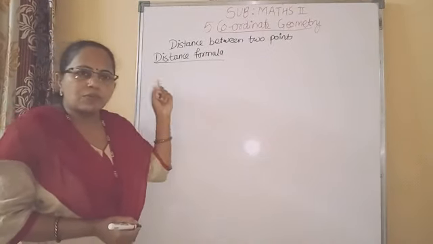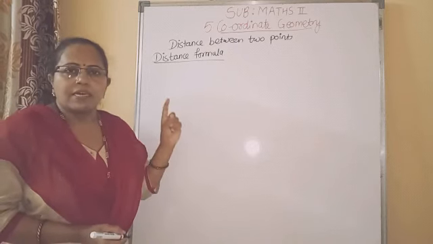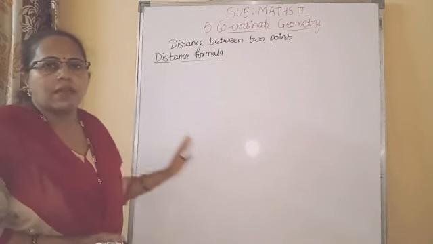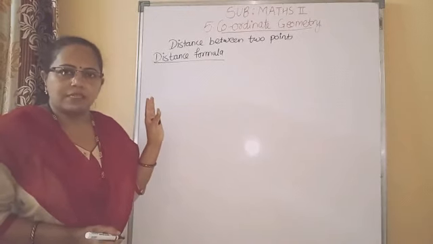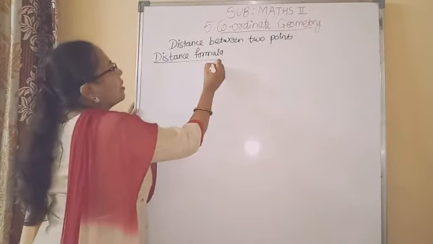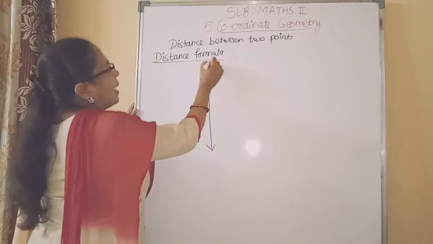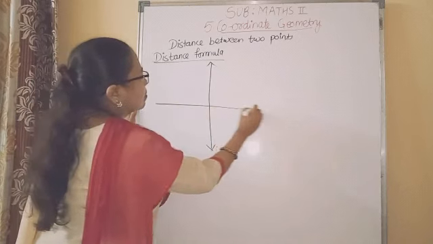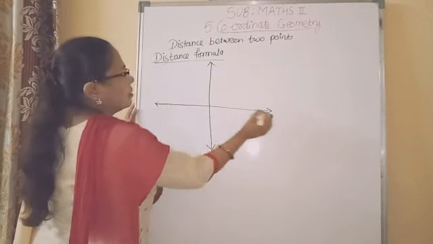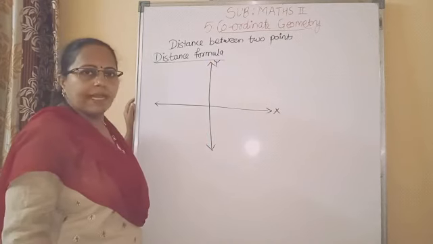This formula is used to find out the distance between any 2 points, whether they are lying anywhere in the Cartesian coordinate system. So we will see how the formula is derived. We will first draw the axes. This horizontal line is the x-axis, the vertical line is the y-axis.